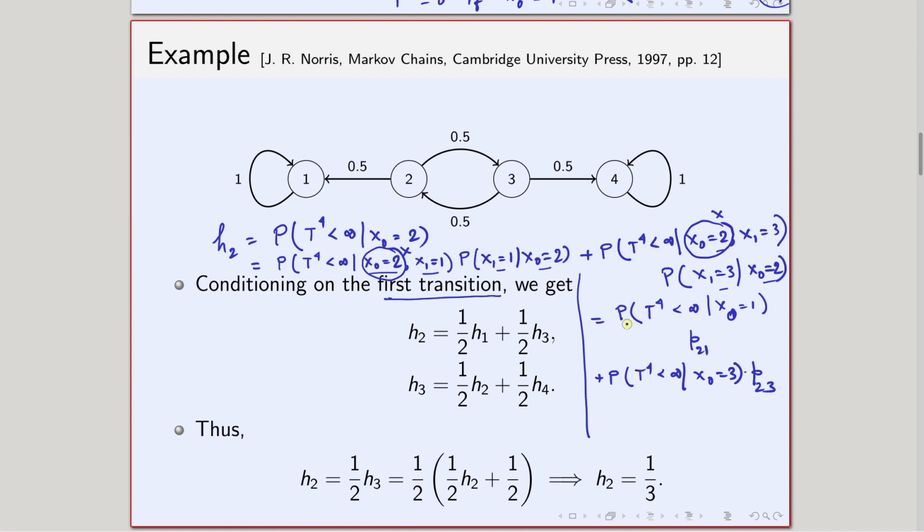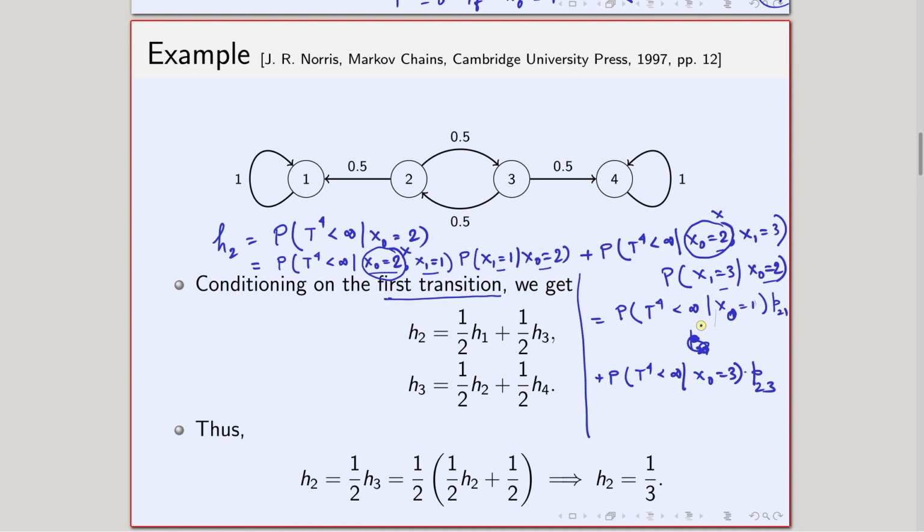Okay. So, we can write this way that it is basically the probability that I will visit the state 4 in finite time starting from 1, multiplied by p 2 to 1, the one step transition probability from 2 to 1. Similarly, the probability of visiting the state 4 in finite time starting from 3, multiplied by the one step transition probability from 2 to 3.